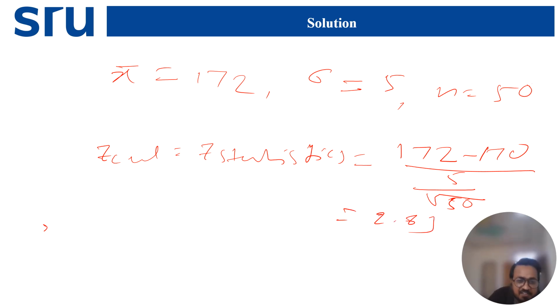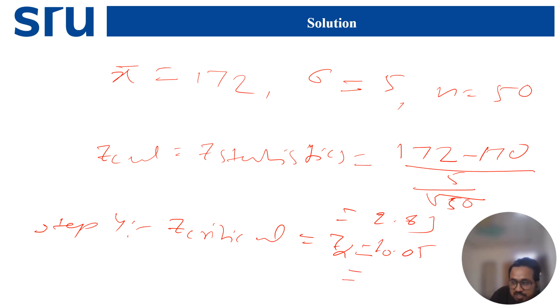Now what is the critical value? Step 4. What is the Z critical value? From the table, as we have discussed, for alpha, Z critical value Z alpha equal to Z 0.05 is equal to 1.645, right? So here also we can see that the mode of Z calculative value is greater than Z alpha.